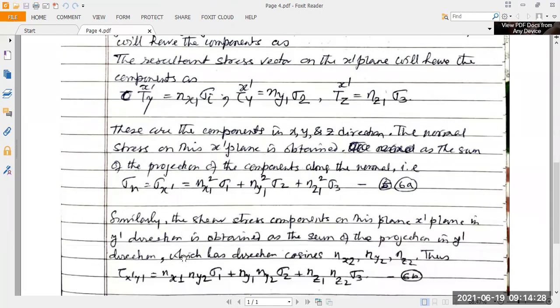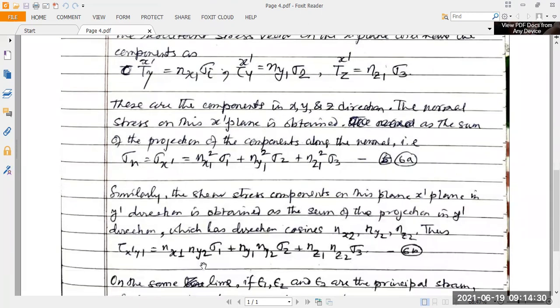Thus we got sigma n, and in a similar fashion we get tau x dash y dash, where we have to multiply sigma 1 nx1 into nx2, sigma 2 ny1 into ny2, and similarly for the other terms.